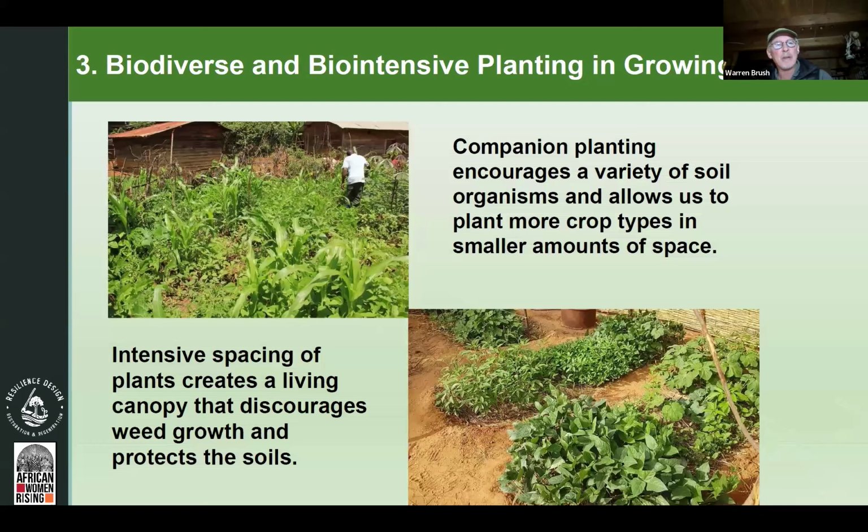Biodiverse and biointensive planting and growing beds. Biodiversity is an important part of maintaining the soil biology and what's underground. When you get a monocrop, it starts to limit the diversity that happens underground. Whatever you're doing above ground also happens below ground.